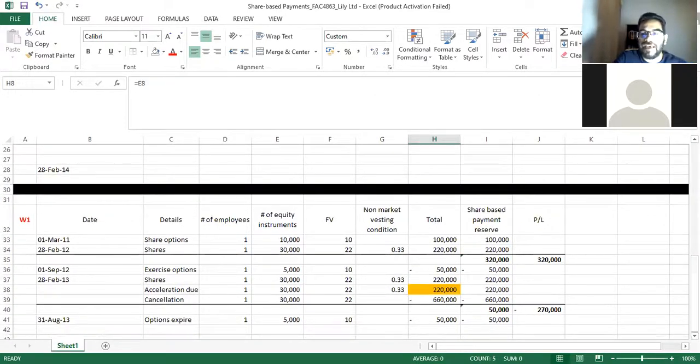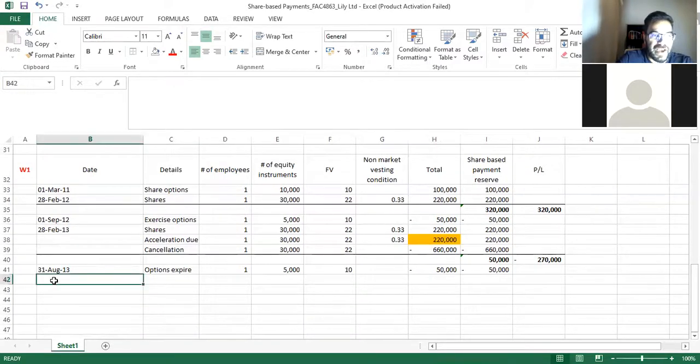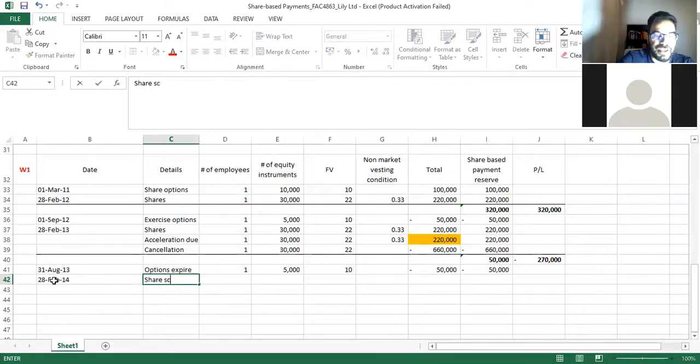Now we're going to recognize the new share scheme. Now we're going to recognize a new share scheme at 28 February 2014. So at 28 February 2014, we have the new share scheme, share scheme 2, one employee, 60,000 shares.